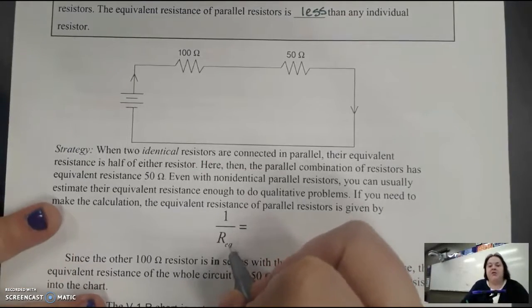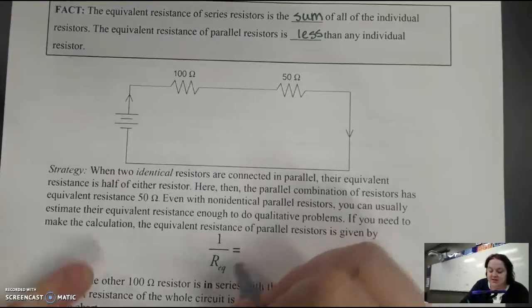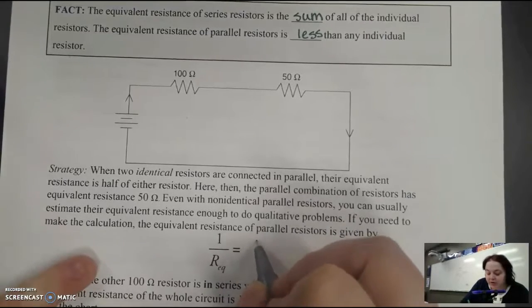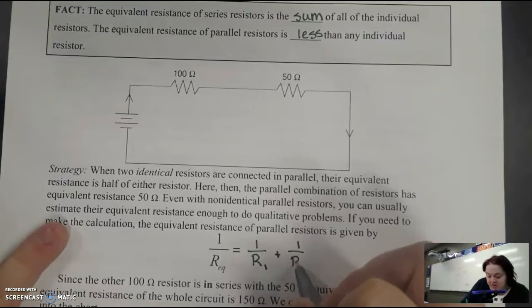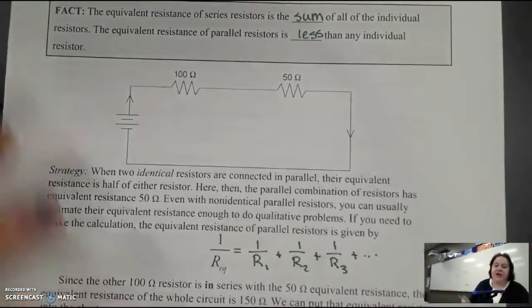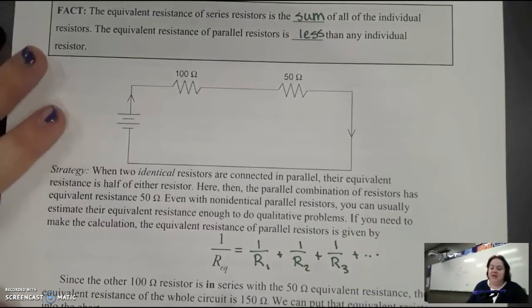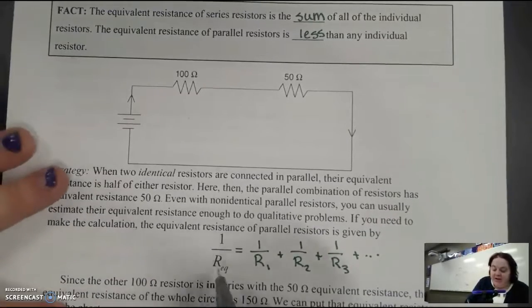The equation, if you need to figure out the equivalent resistance for parallel resistance, is 1 over R equivalent is 1 over R1 plus 1 over R2 plus 1 over R3 plus ... because you could have however many resistors. The AP writes this in a way that I'm unhappy about.